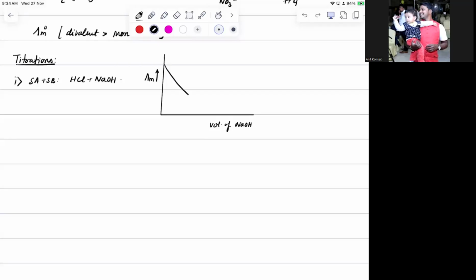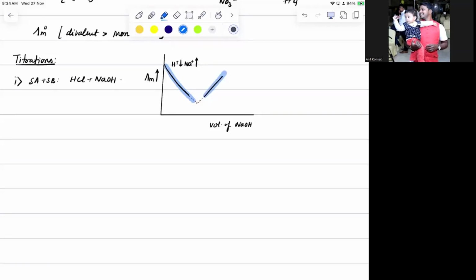It will keep going down and then it will increase. Got it? Here, basically, H plus concentration is decreasing and Na plus is increasing. That is the reason why this entire region has decreased conductivity.